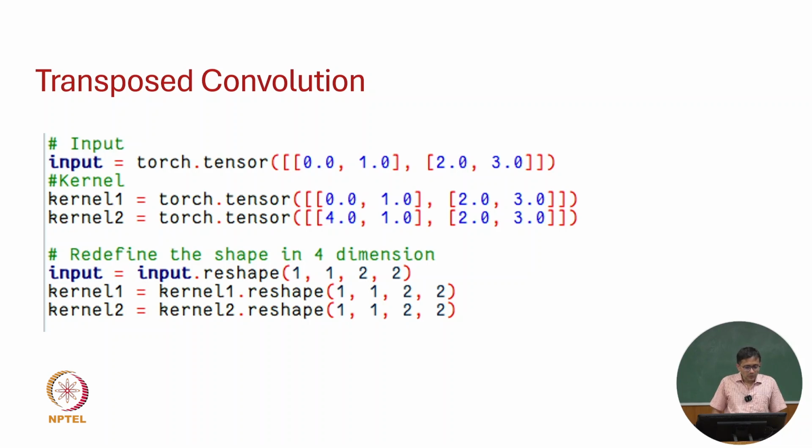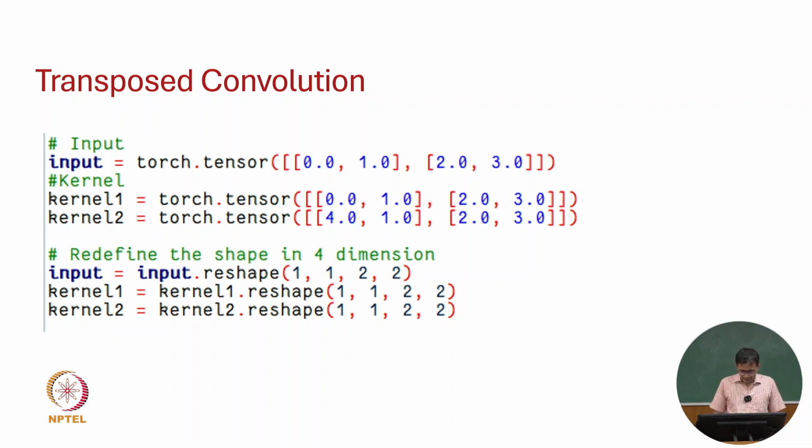And you see the input. So this is the input 0, 1, 2, 3. So this is the same as the input that I just showed right now, right? And here in this code, I'm taking one kernel 0, 1, 2, 3. So this is the same kernel as the one that we just saw. Here we are also taking another kernel, kernel 2, 4, 1, 2, 3. So this is a different kernel.